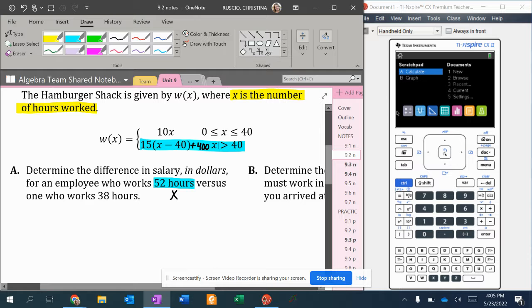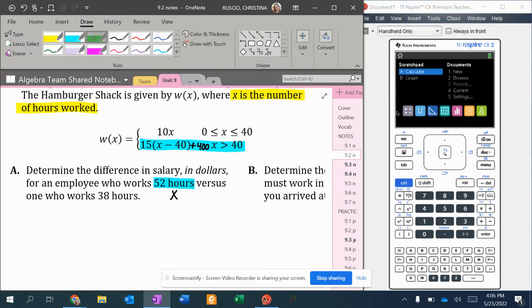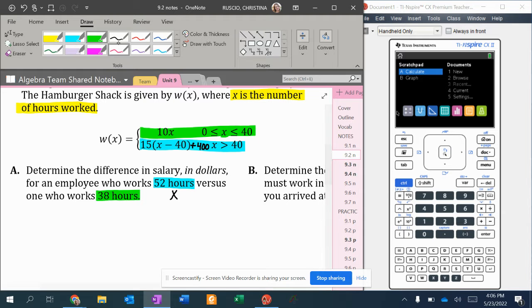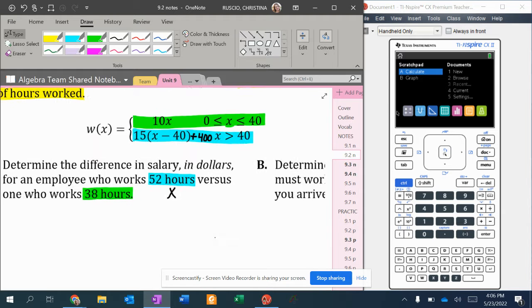Because isn't 52 bigger than 40? So we'll use our domain to help us. And we're going to compare that to someone who works 38 hours. So if somebody works 38 hours, 38 falls between 0 and 40, so we're going to have to use this piece here.